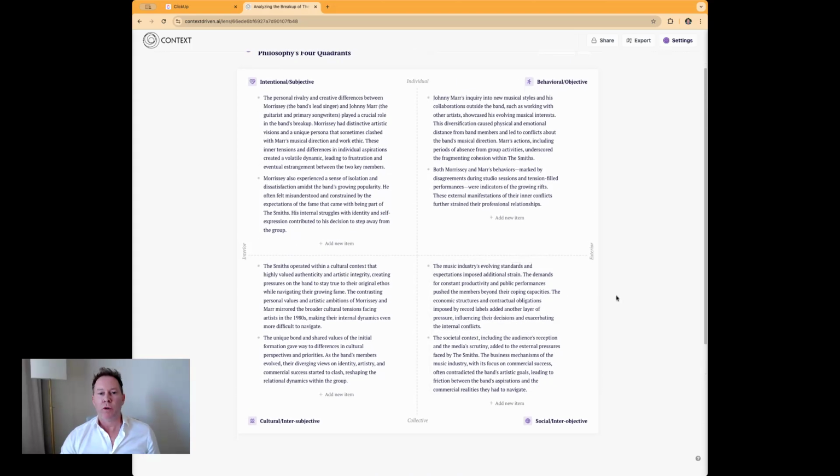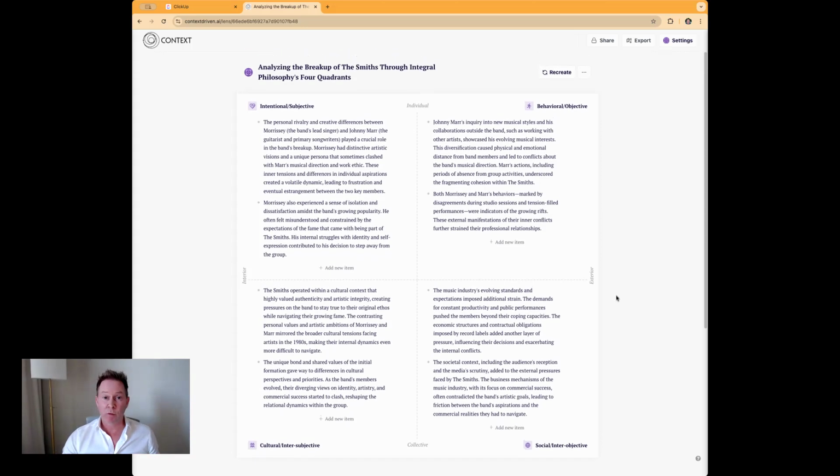Now, this is really powerful because what it did very quickly for me is differentiate this pretty complex situation and dynamic into these four buckets, so that now I have a better understanding of what was going on in these different domains. And it allows me to hold the complexity in an easier way. That's obviously what we get when we analyze it through the four quadrants.